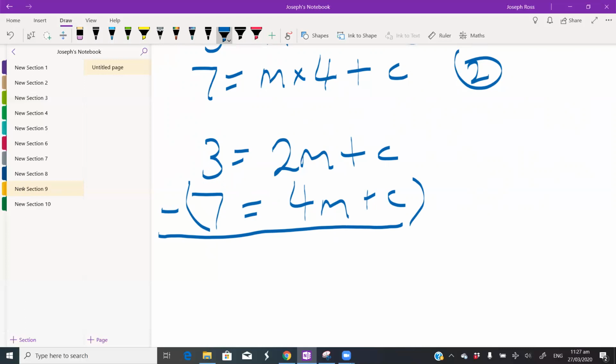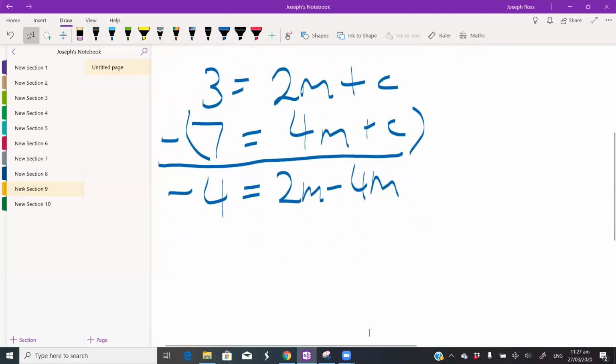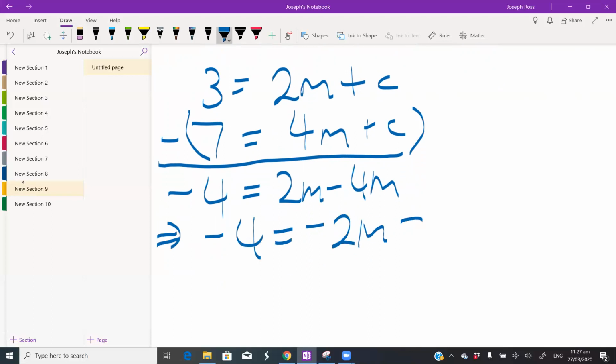On the left-hand side, that's 3 minus 7, which is negative 4, equals 2m minus 4m plus c minus c. Well, that cancels out, so that's good. We have an equation that no longer has a c. So let's simplify. We've got negative 4 equals negative 2m, and therefore m is equal to negative 4 divided by negative 2, which is indeed 2.